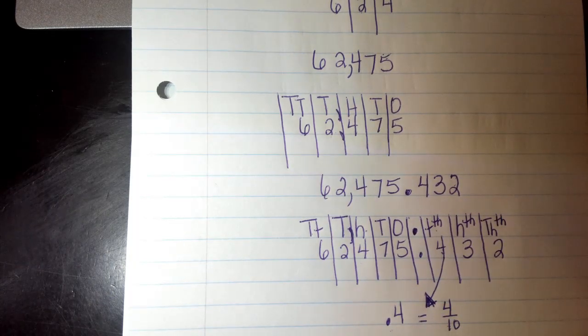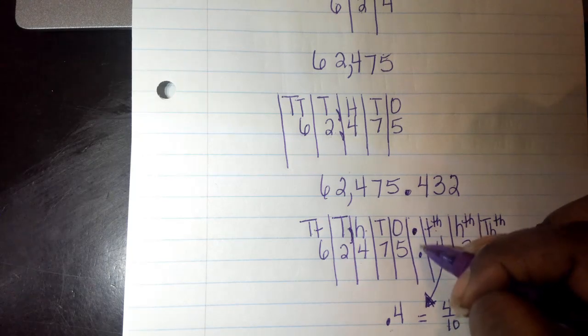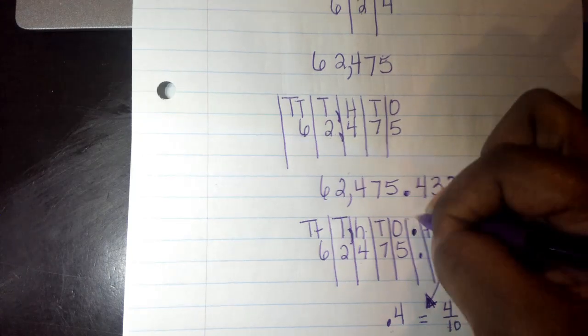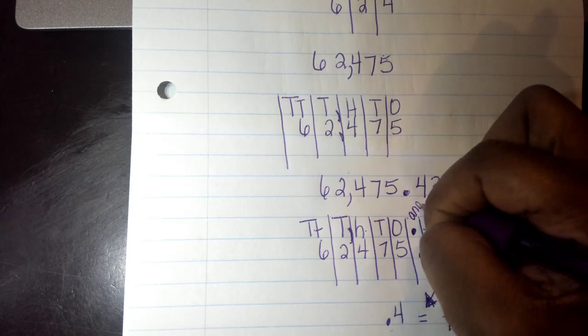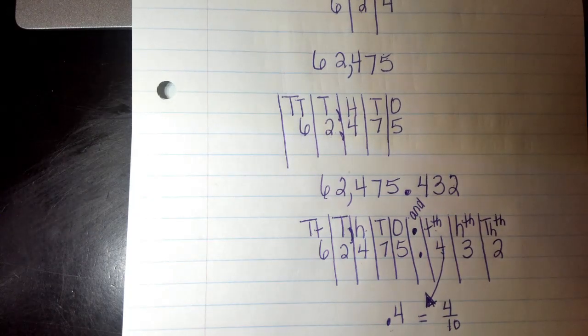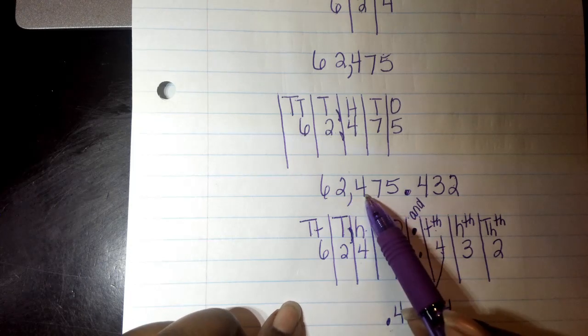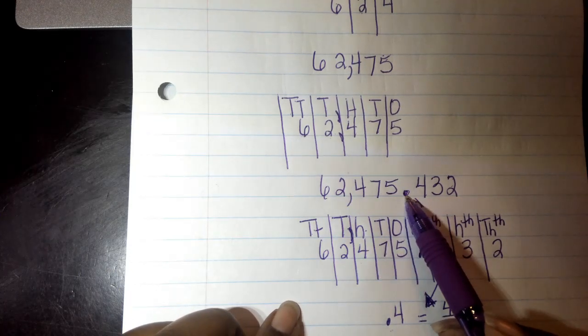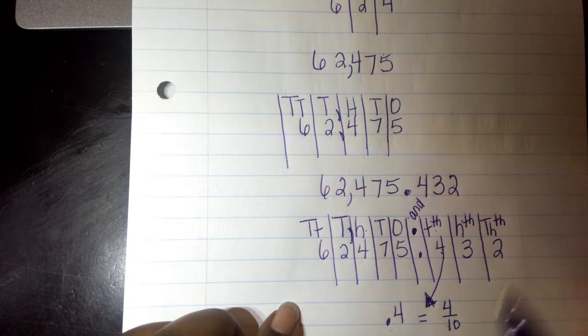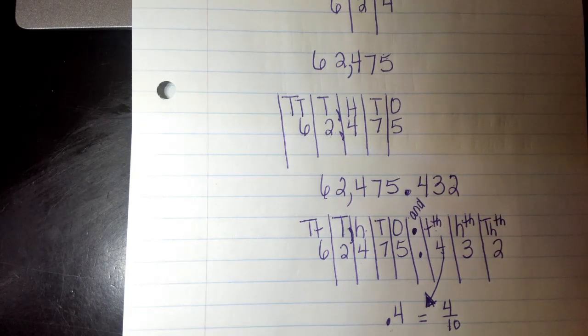Okay? Now, I talked about how I wanted to put the decimal point separately. The reason I want to do that is because decimal points say "and." What we typically will hear students say is 62,475.432, and they have a difficult time saying the number appropriately.